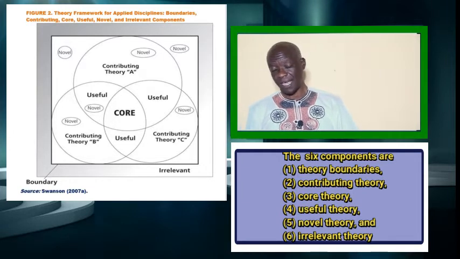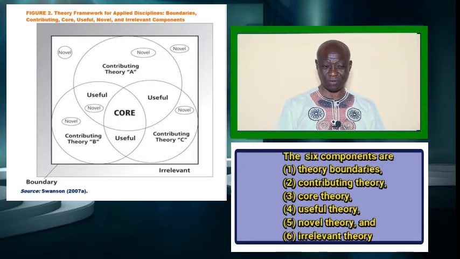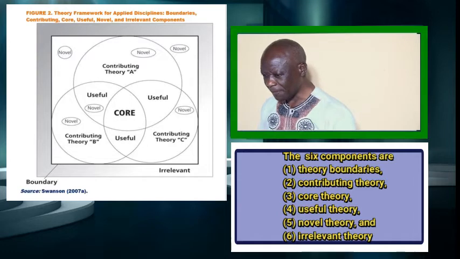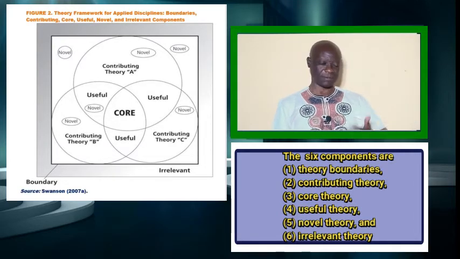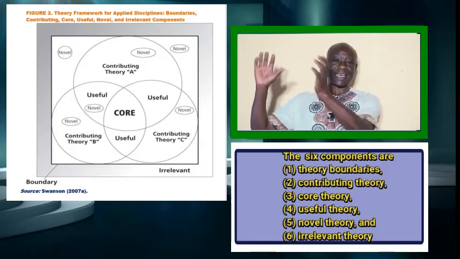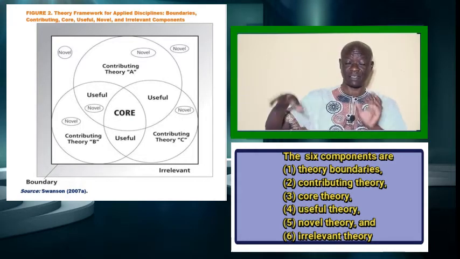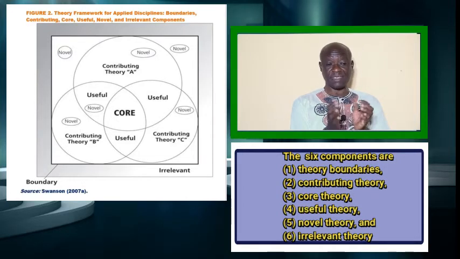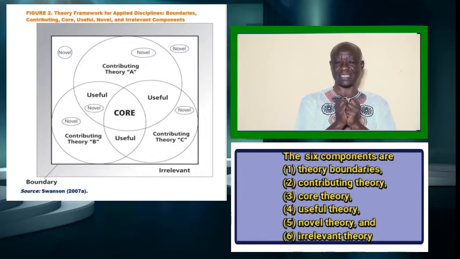Let's go to the third component, which we call the core theory. When we start talking about the core theory, we are talking about the intersection, and you can see that in the diagram here. You've got 3 circles, 3 Venn diagrams, and in between there you see that point of intersection.